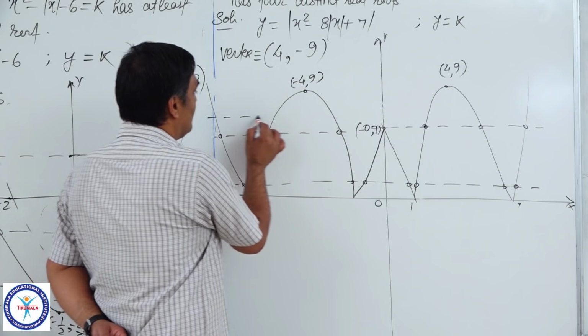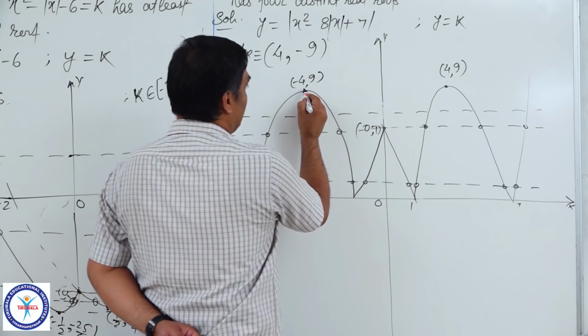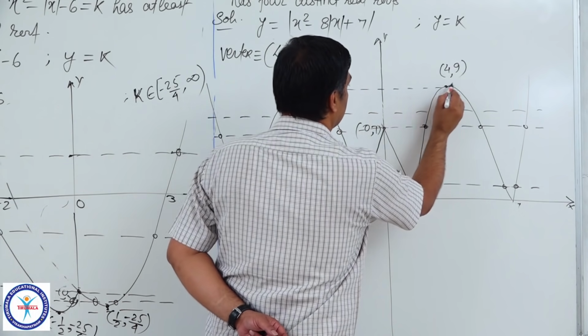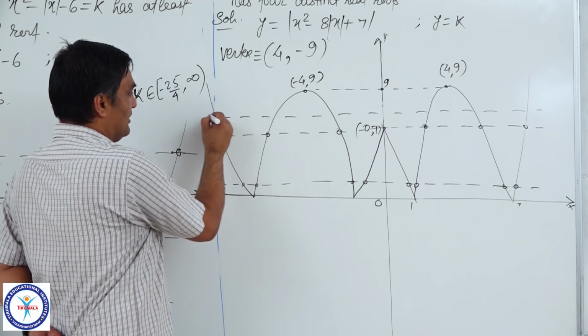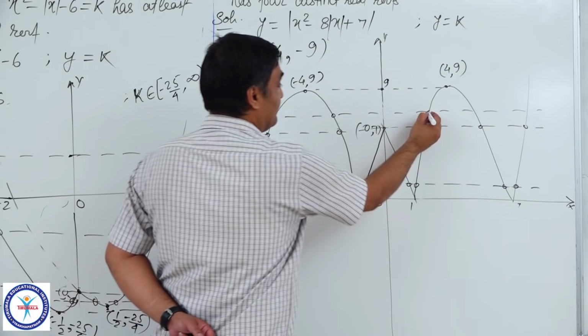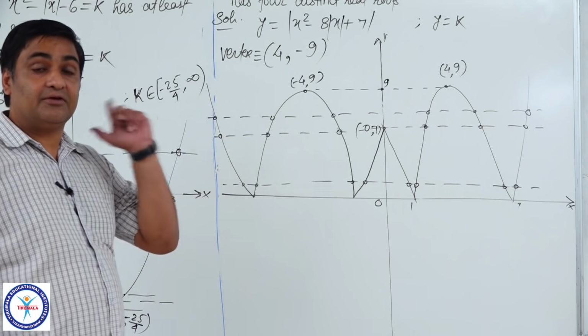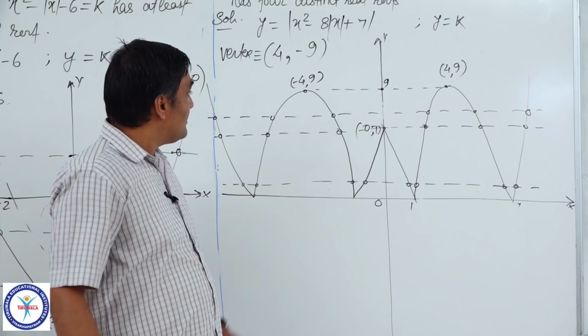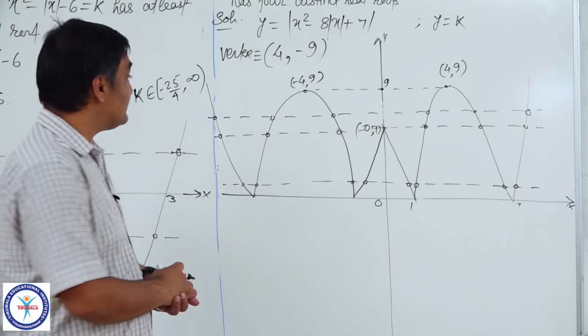Okay. What if k is greater than 7 but less than 9? So 1, 2, 3, 4, 5, 6 common points means 6 roots. We have to get 4 distinct roots.